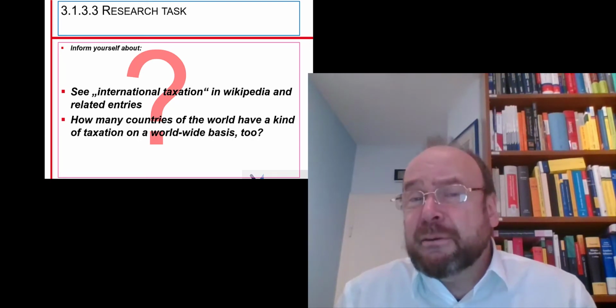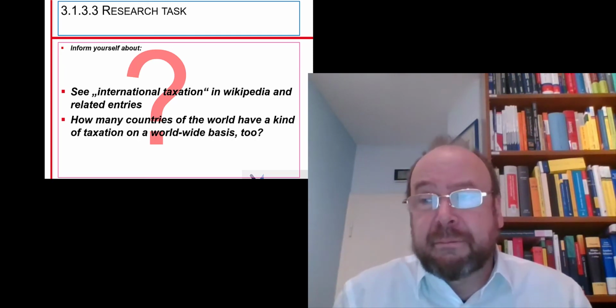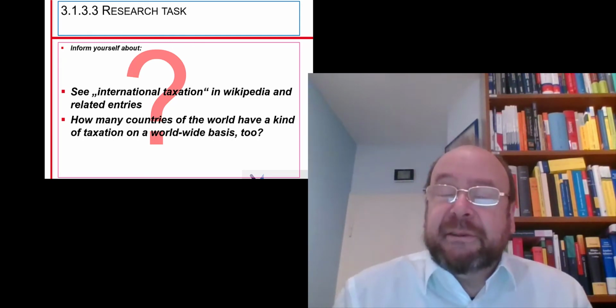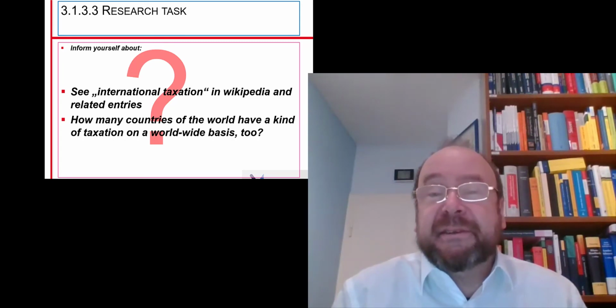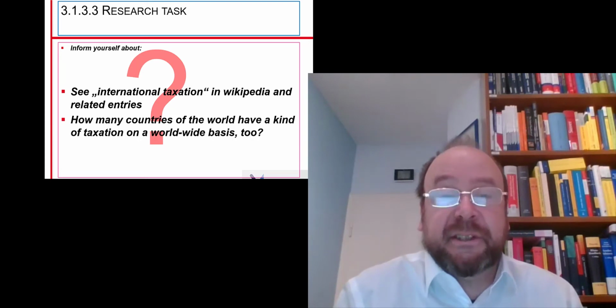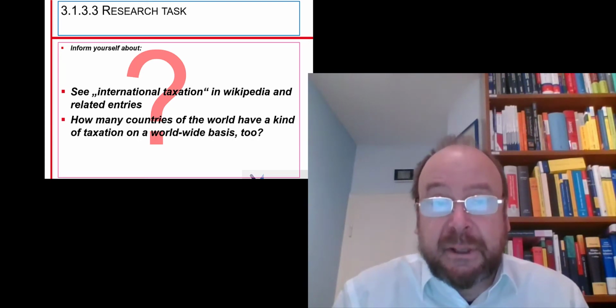So it's nearly comprehensive and nearly complete. And 90% or more of these territories and states had a worldwide income taxation. There you see how compelling such a system is.